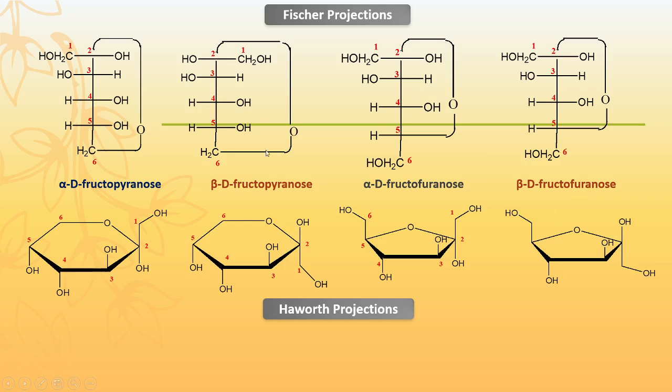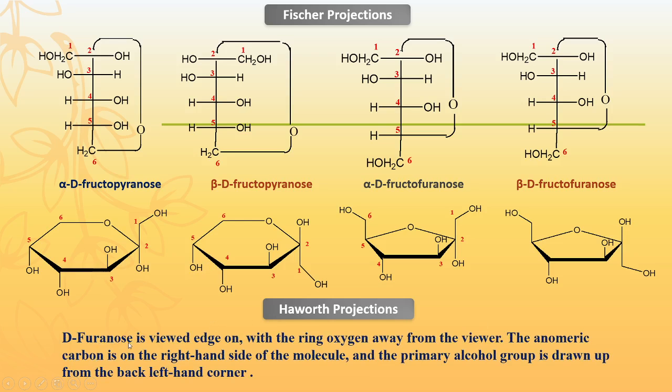So these are the Haworth projections for the aldoses in the pyranose and the furanose forms. These are the Fischer projections and these are the Haworth projections. So the D-furanose is viewed edge on with the ring oxygen away from the viewer.